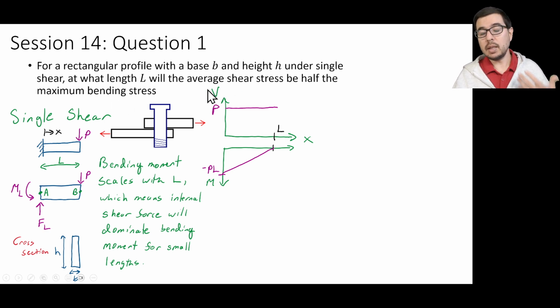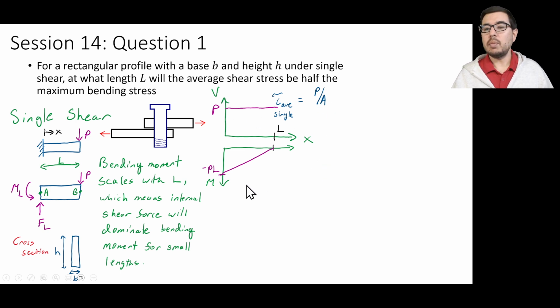And when this maximum bending stress is exceeding this quantity, then the bending stress would dominate. And when the length is low and this maximum bending stress is lower, then the average shear stress will dominate. So the average shear stress in the single shear configuration is simply the force P divided by the cross-sectional area.